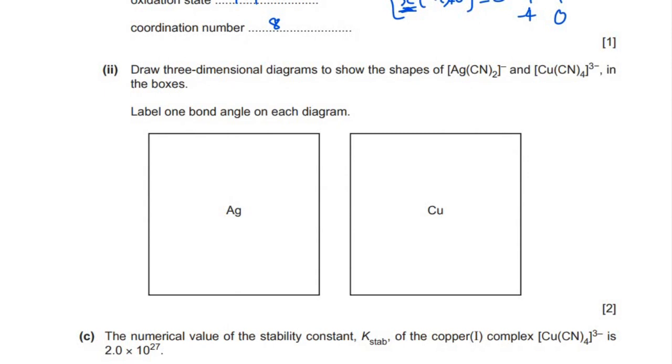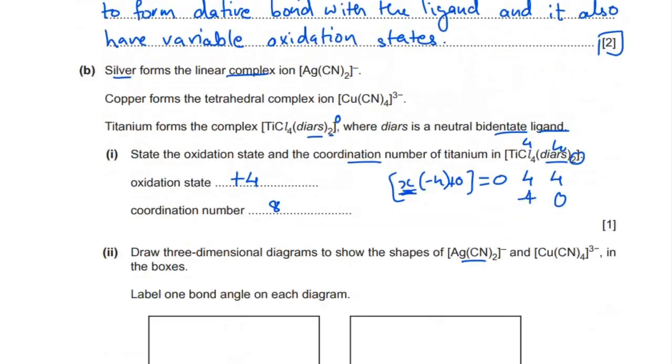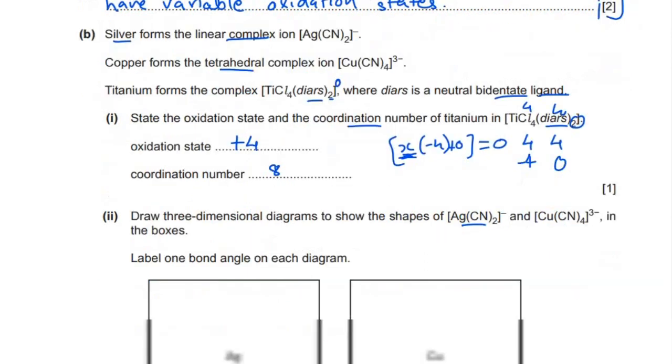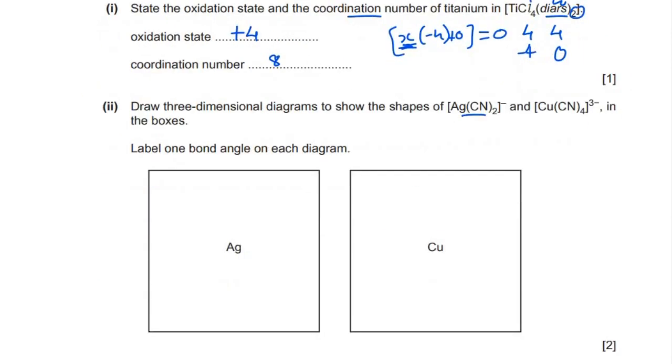Now draw a 3-dimensional diagram to show the shapes of silver forming the complex with the cyanide, and copper also with the cyanide, in the boxes. Now they have already told you that copper forms a tetrahedral complex and silver forms a linear complex, and it also says label 1 bond angle on each diagram.